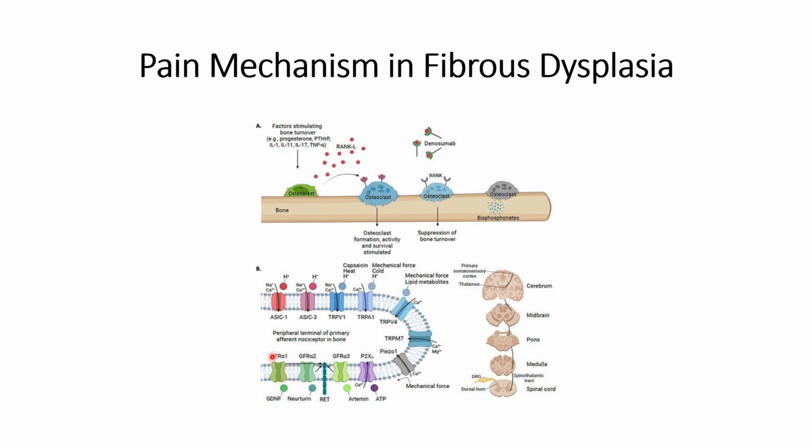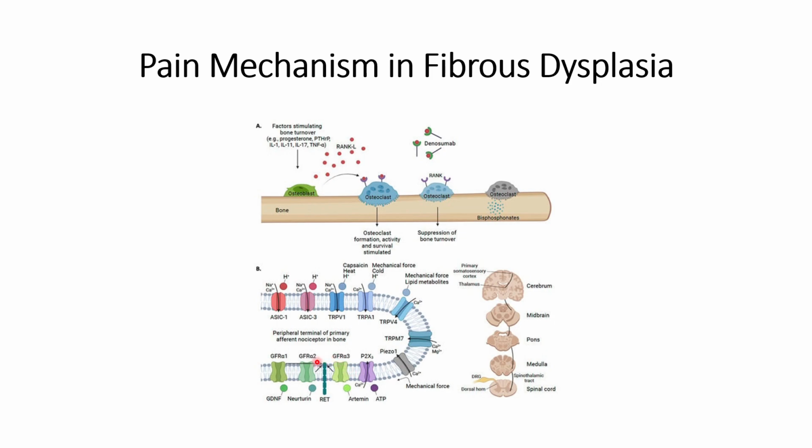GFR alpha 1, GFR alpha 2, and GFR alpha 3 are related to the pain mechanism that occurs in those mutated animals.